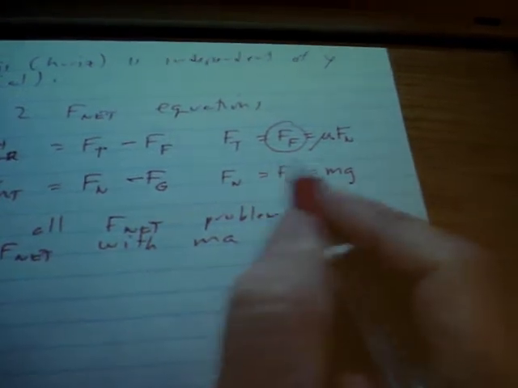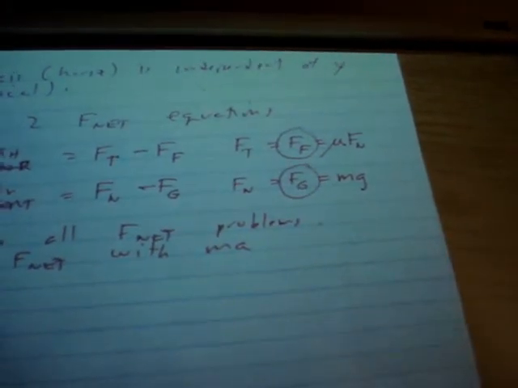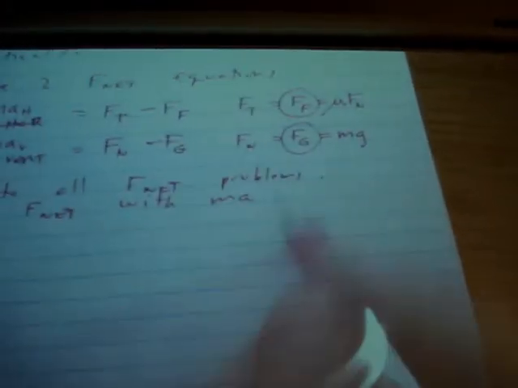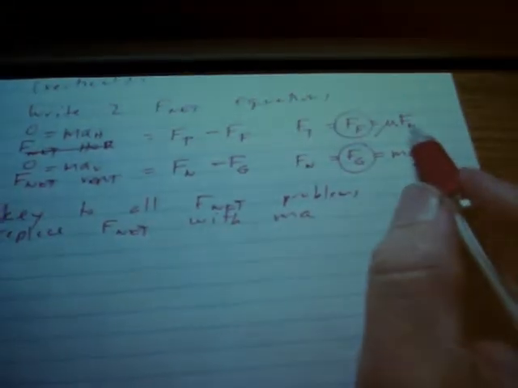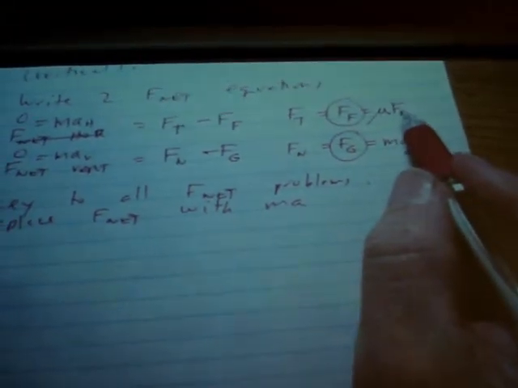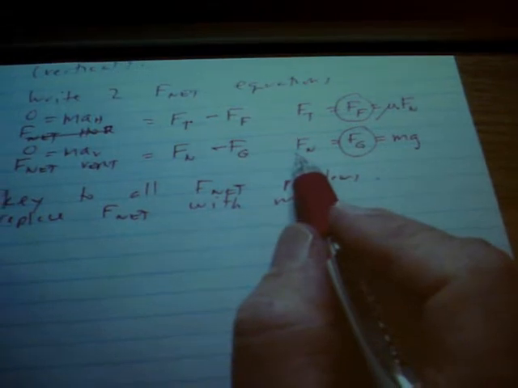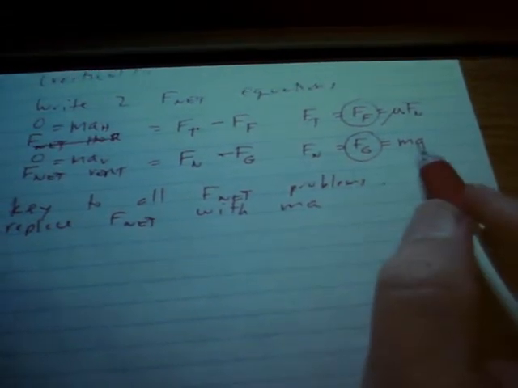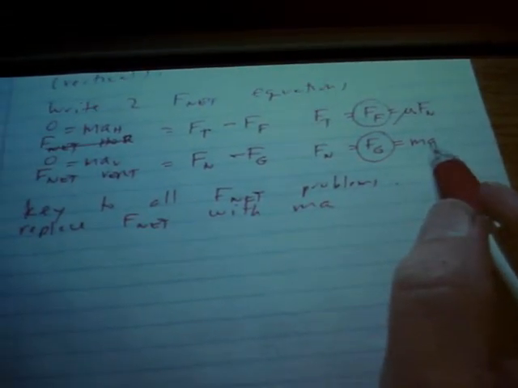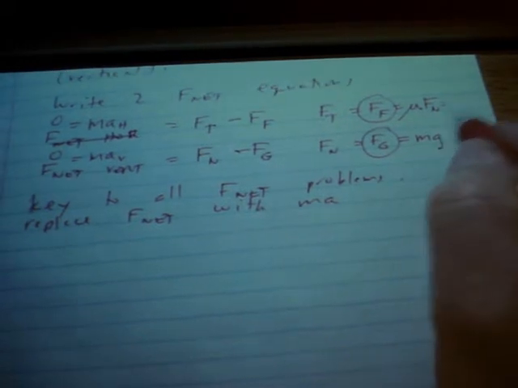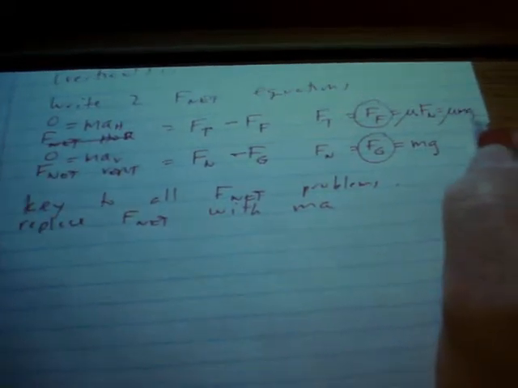This is a substitutable equation. In this problem, then, you know the tension is equal to mu times F sub n. Well, what's F sub n equal to? F sub g, which is mg. So this whole thing becomes mu mg.